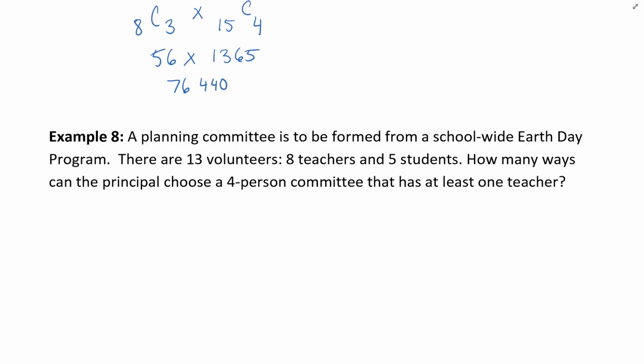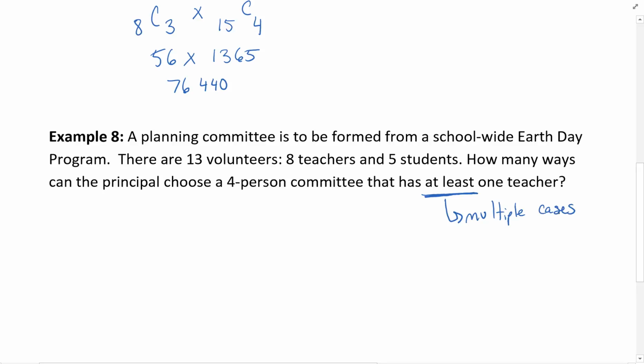So I'm going to highlight a key piece of information here. And what does that tell us? We did this in a different lesson. That word at least tells us we have multiple cases. What am I talking about?